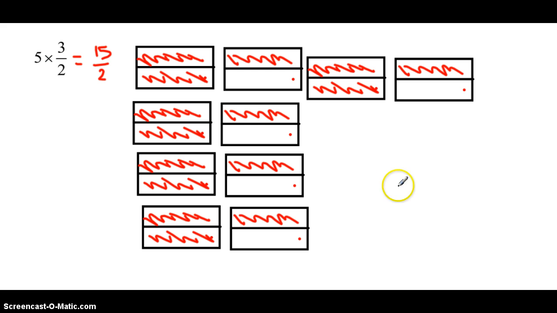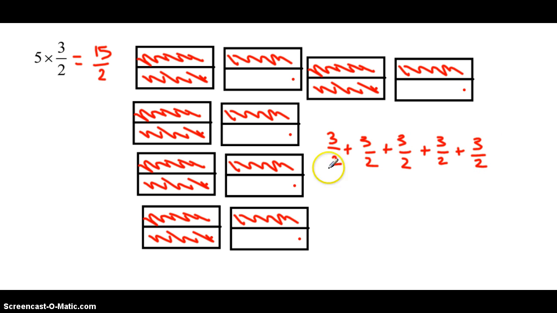So it would be nice to show that this is 3 halves plus 3 halves 5 times, so that they can see that the numeric solution corresponds to that geometric solution. There are 15 halves depicted here, and that's exactly what I have here.